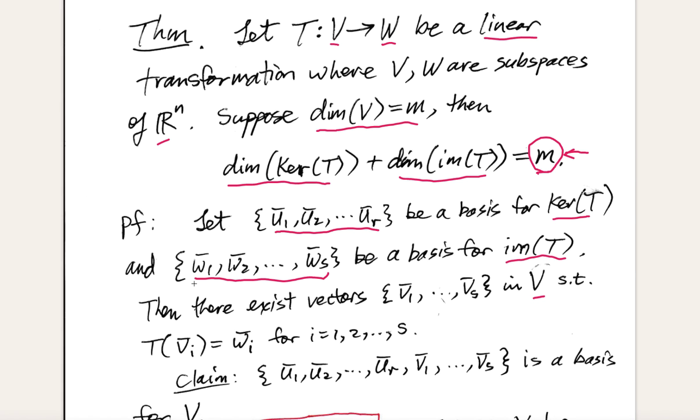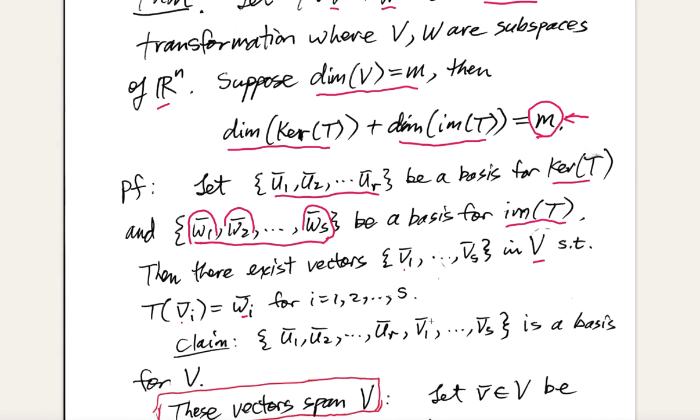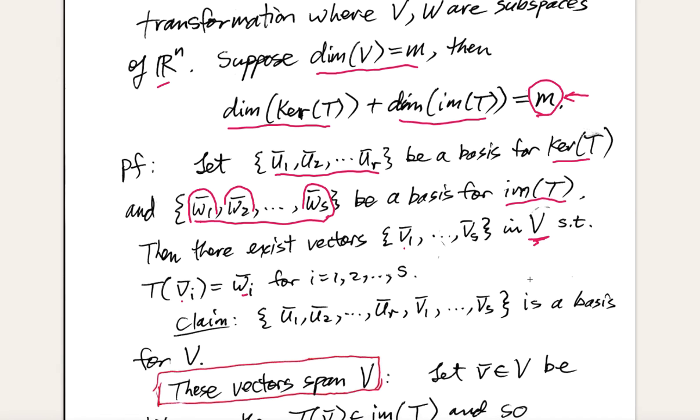In other words, since these guys are in the image space, there's got to be at least one pre-image vector for each of these such that T maps that vector onto the corresponding w. So T of vi is wi for i equals 1 through s. These are pre-image vectors, so they're in V. I just said that, but I re-emphasize it here.